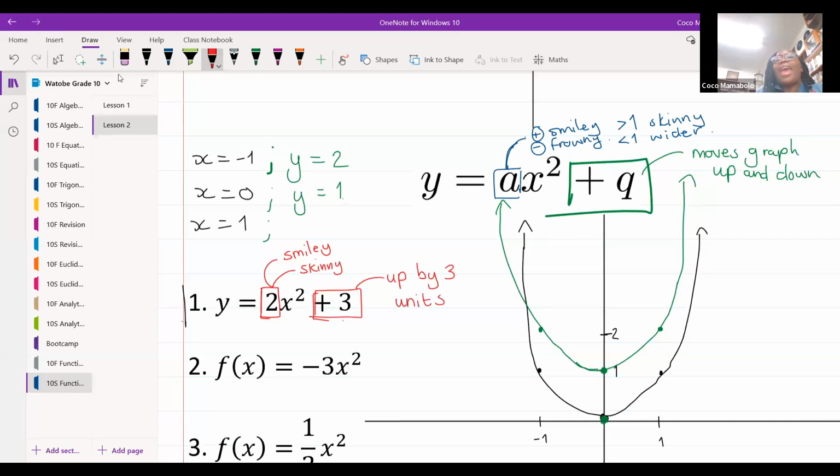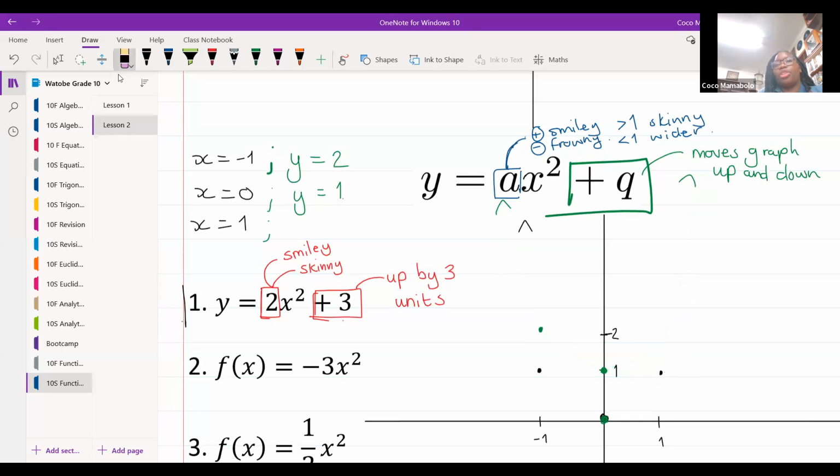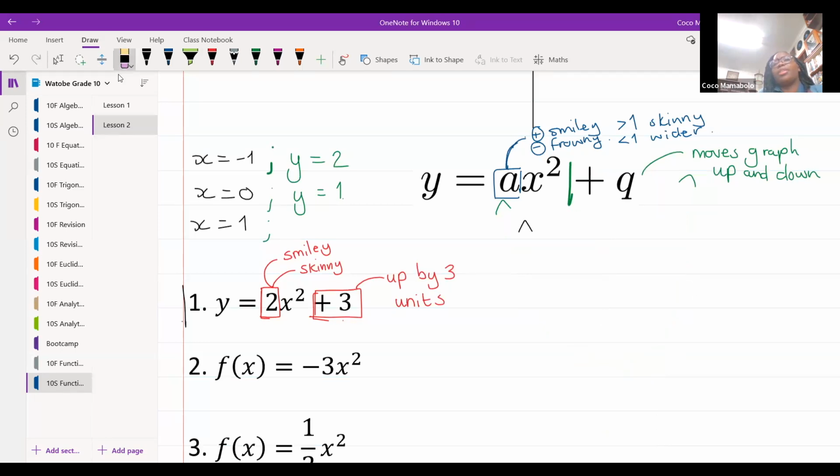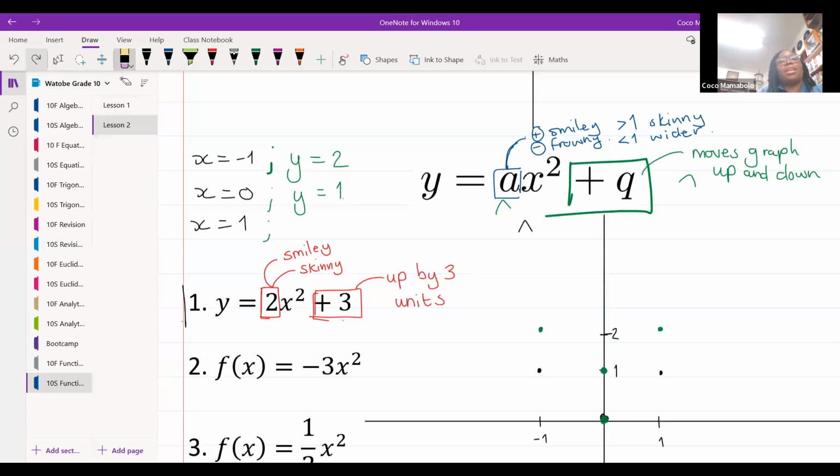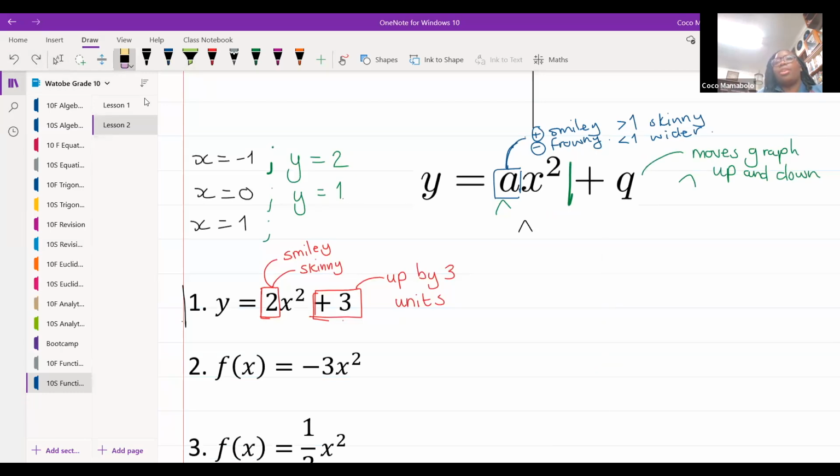Okay, so let's have a look at this formula over here before we continue. Okay, we don't need the graph. The graph was just to let us know what's going on, right? So, oh no, look, now I'm erasing the things. All right, so we said that the A in my graph over here determines the shape of my graph.